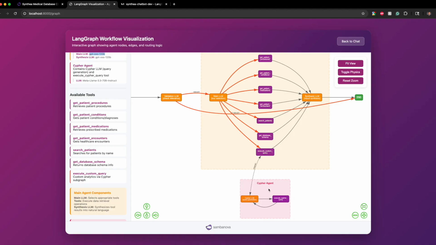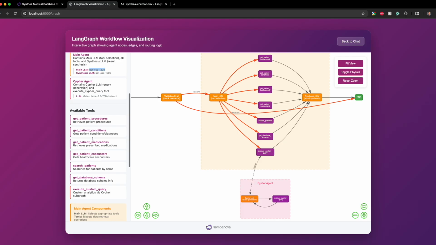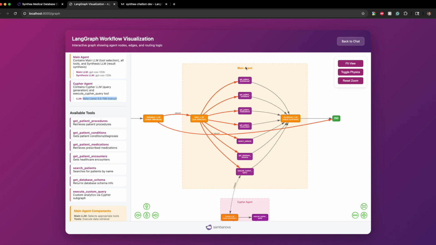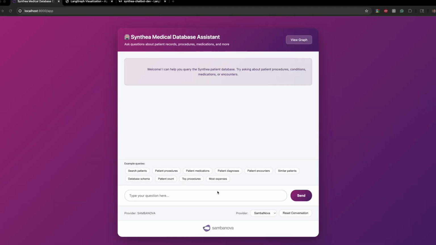Cypher queries are similar to SQL queries, but they are for graph database retrieval, and the Llama 3.3 70B instruct model is capable of performing text to Cypher conversions. The main agent then synthesizes the tool results, prevents against hallucinations, harshness, and hate speech, and returns the result to the user. Let's see all of that in action running on a single node.